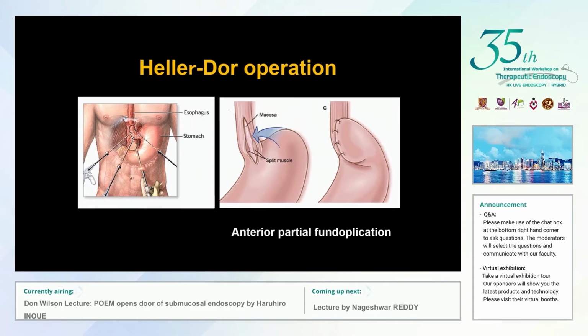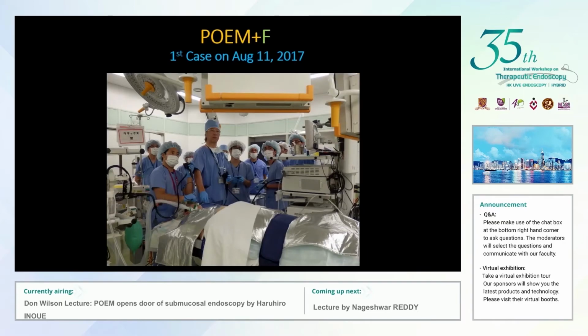This is the Heller-Dor surgery: after placing the myotomy, in order to avoid potential reflux disease, we add an anti-reflux partial fundoplication in a surgical procedure. So we do this procedure using the flexible endoscope.